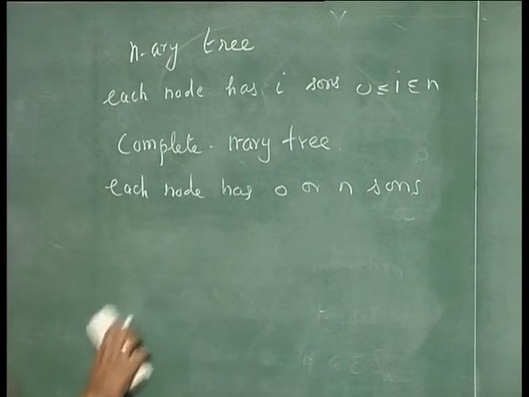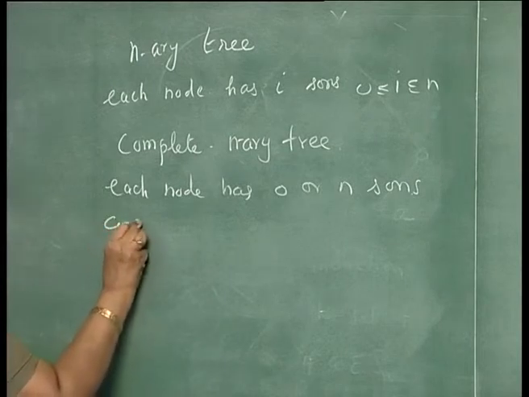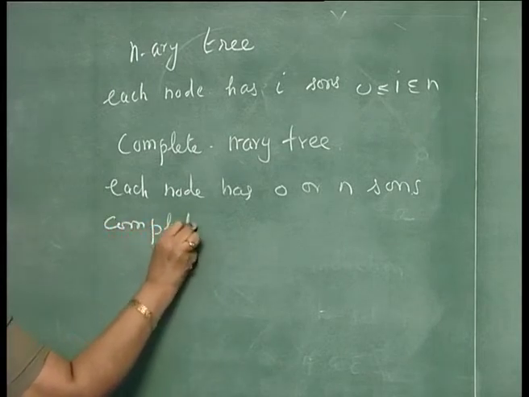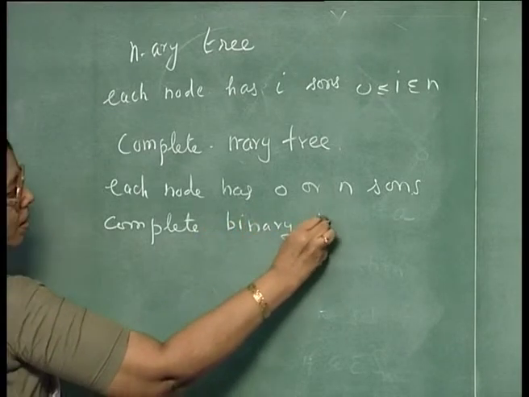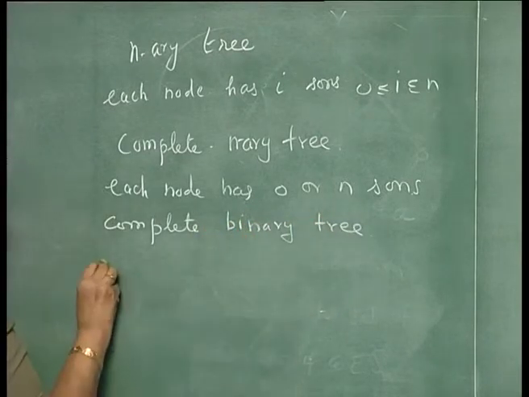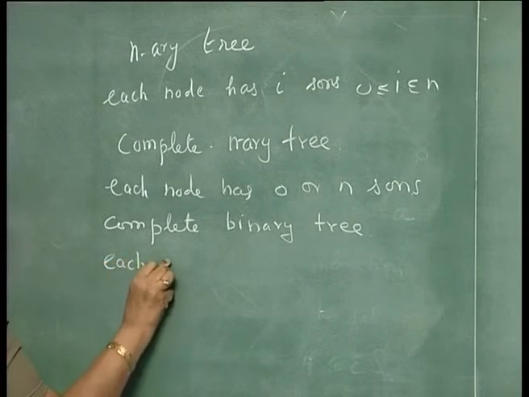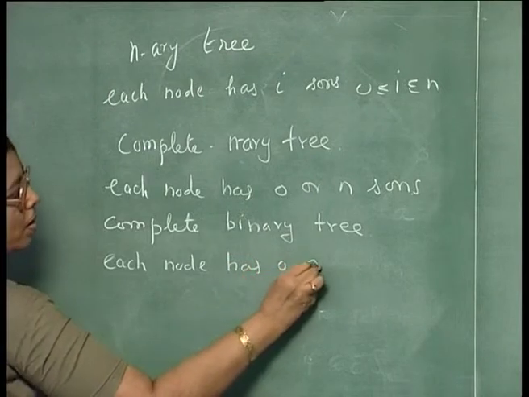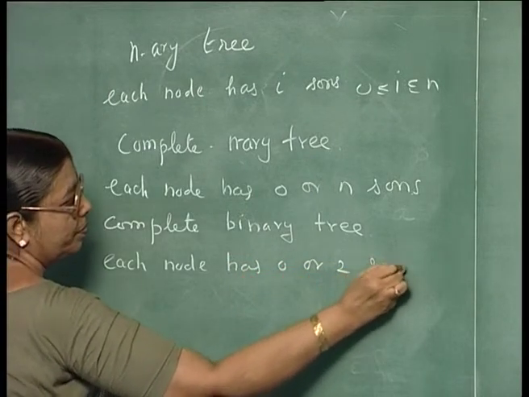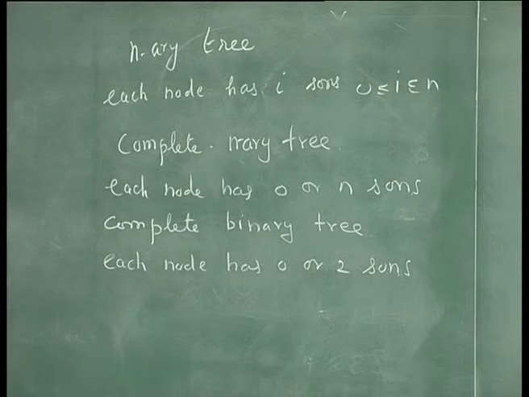What is a complete binary tree? Each node has 0 or 2 sons. For example, look at this.